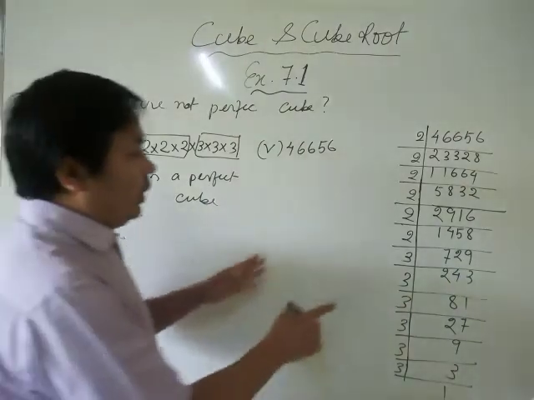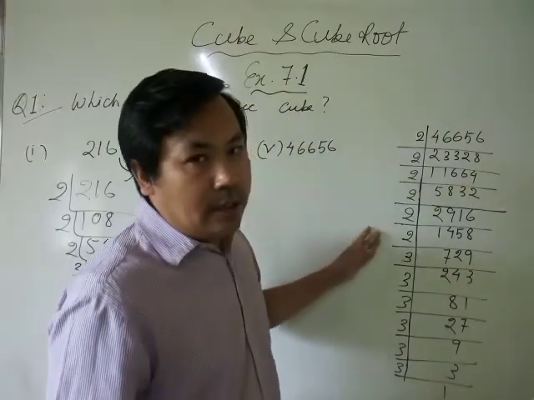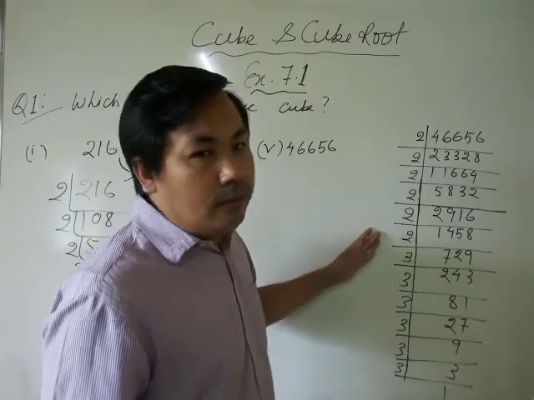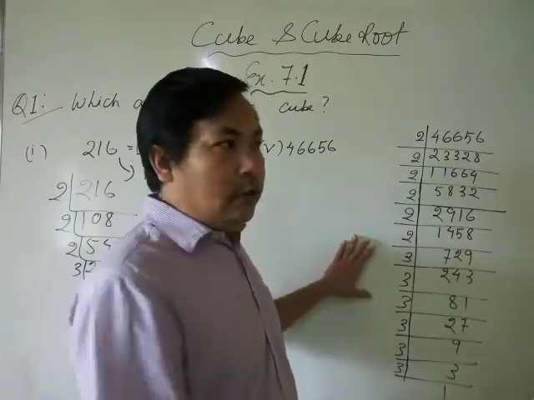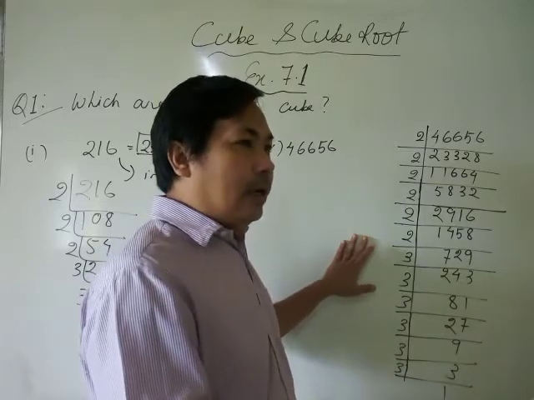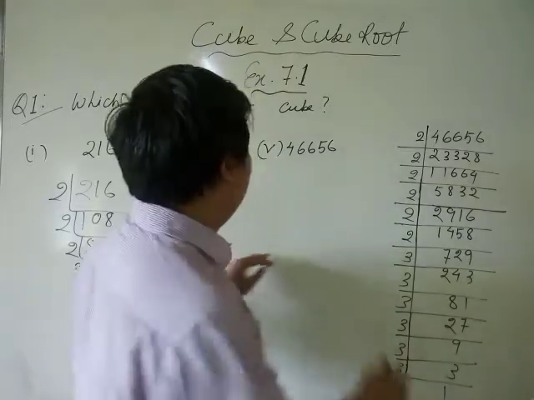So let us see whether we can group all these same numbers into groups of three or not. If we can group three of them, then it will be a perfect cube. Otherwise, it will not be. Okay.